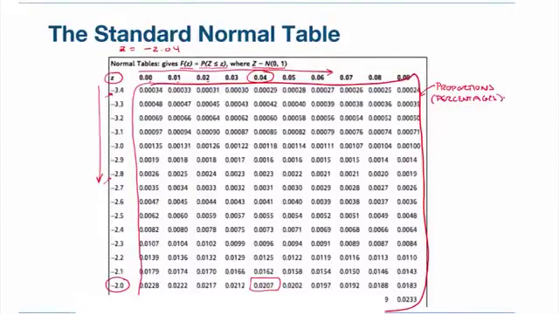And what did we get? We get that the proportion of the random variable Z that is less than or equal to -2.04, our specific value of z, is equal to 0.0207, which is equal to 2.07%.